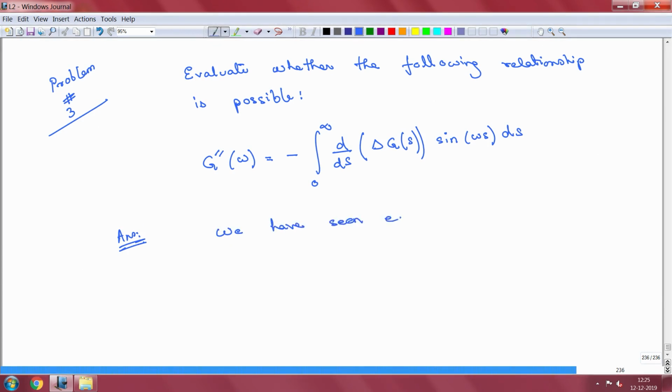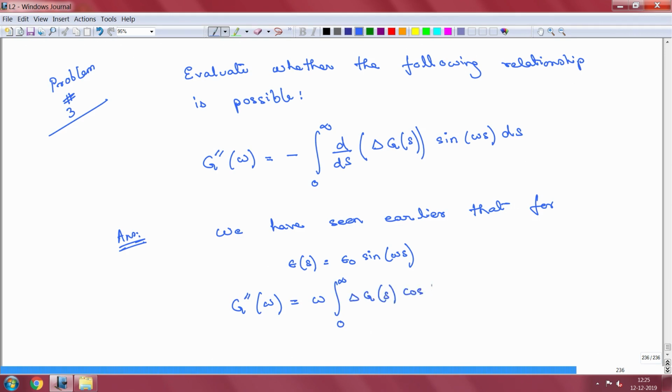We have seen earlier that for a sinusoidal input, epsilon(s) is equal to epsilon naught sin(omega s), when you apply that, you end up getting an expression for the loss modulus as omega times integral 0 to infinity delta G(s) cos(omega s) ds.